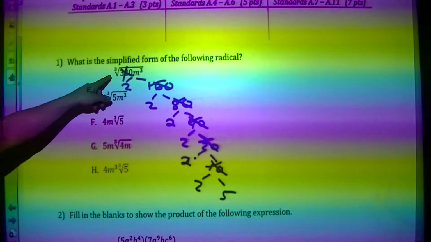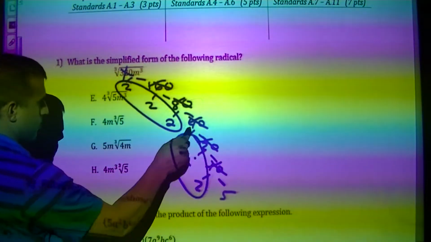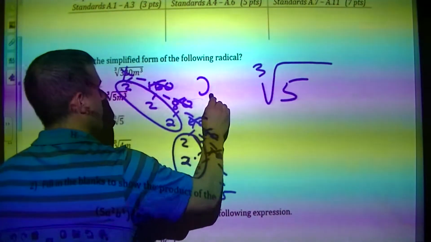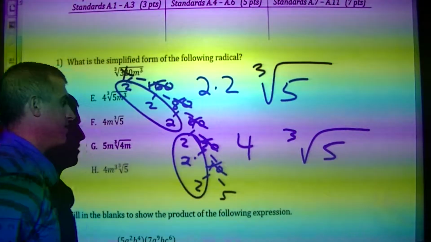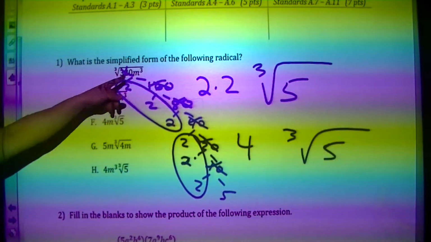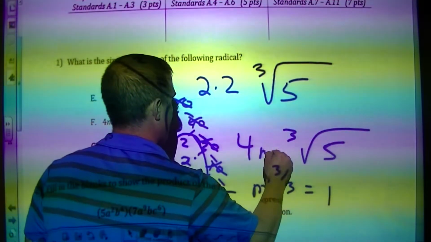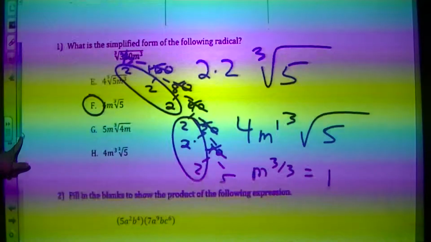Since it's cubes, I'm looking for triples. 1, 2, that's going to be the lone one inside. I got 2 times 2 on the outside, which would be 4 cube root of 5. Then m cubed divided by 3 is just going to be 1, so that's m to the first on the outside. If I pick that one out, that's going to be f.